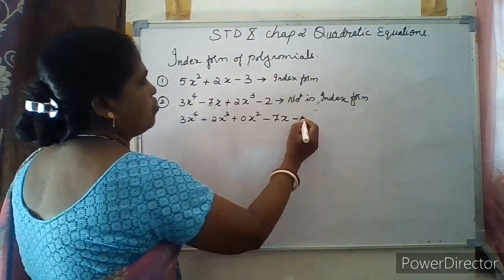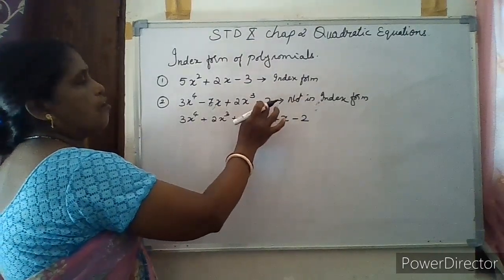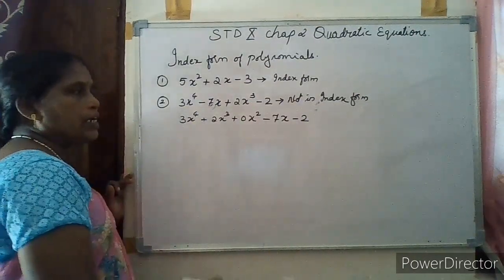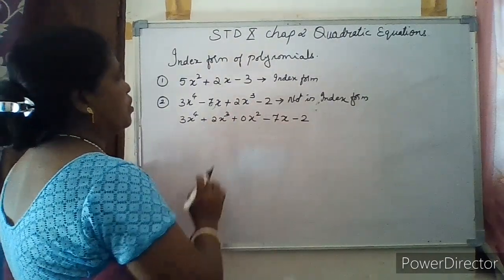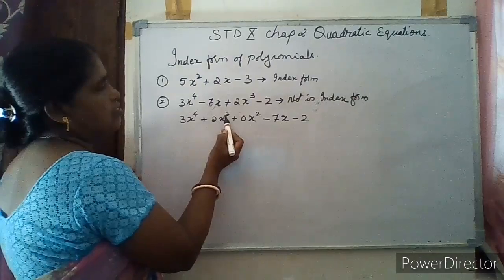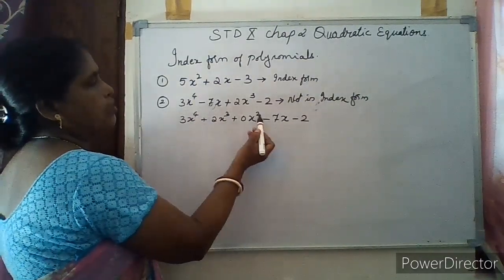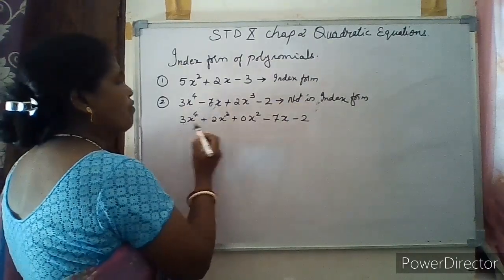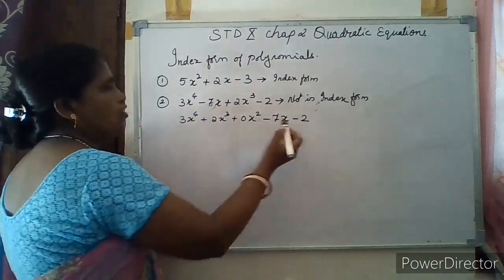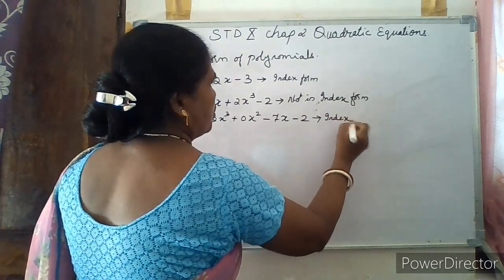Then the constant term, which is the term with the variable having the index as 0. So you can see the descending order of the power of the variable as 4, 3, 2, 1, 0. When it is written in this form, then it is the index form.